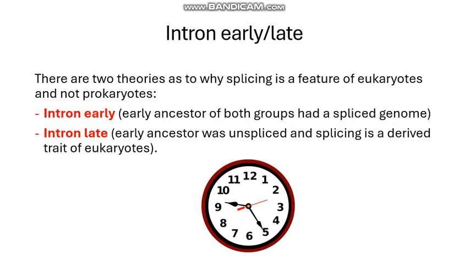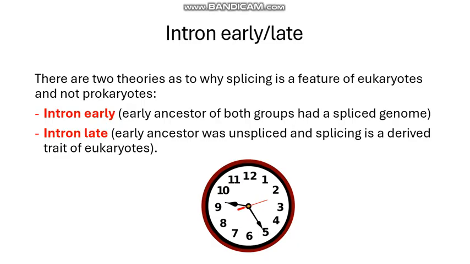And there are two main theories as to why we have splicing and introns in eukaryotes, but not prokaryotes. The first one is the intron early theory, which suggests that an early ancestor of both groups, the prokaryotes and eukaryotes, already had a spliced genome, and then prokaryotes later lost the spliced genome and the introns.